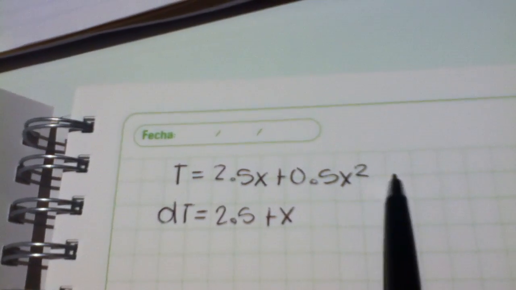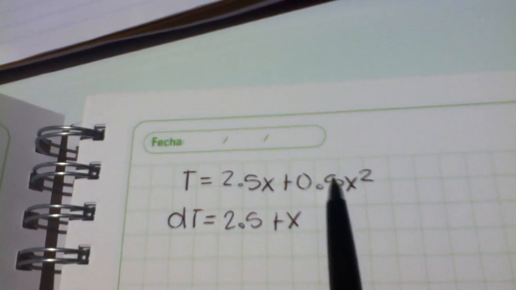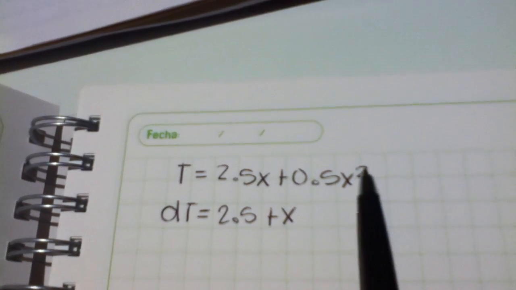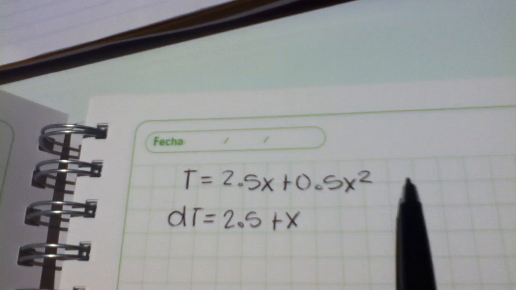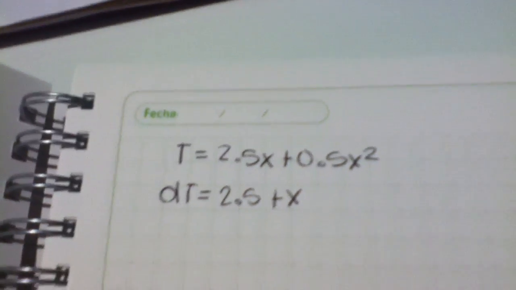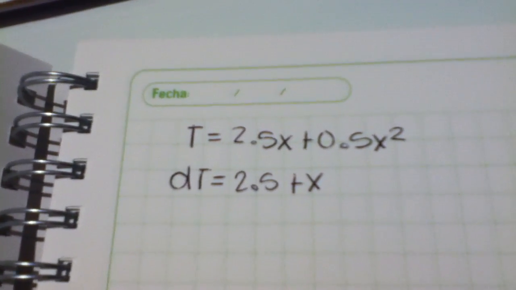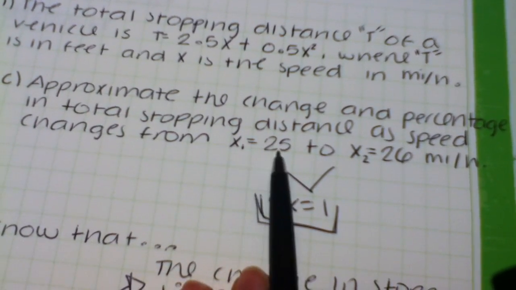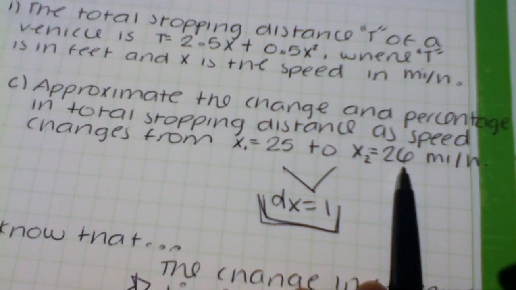Because if we take the 2 and place it in the front and multiply, it will give us 1, an imaginary 1, and then we subtract 2 minus 1 and it is 1, which is x. Now the next part is for us to substitute. And for it, we know that our speed is changing from x1 equals 25 to x2 equals 26.